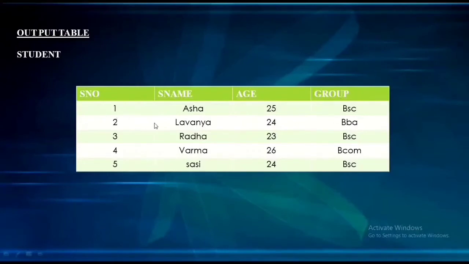Student number 2, Lavanya, age 24, group BBA. Student number 3, Radha, age 23, group BSc. Student number 4, Varma, age 26, group BCom. Student number 5, Shashi, age 24, group BSc. This is the output table for student.